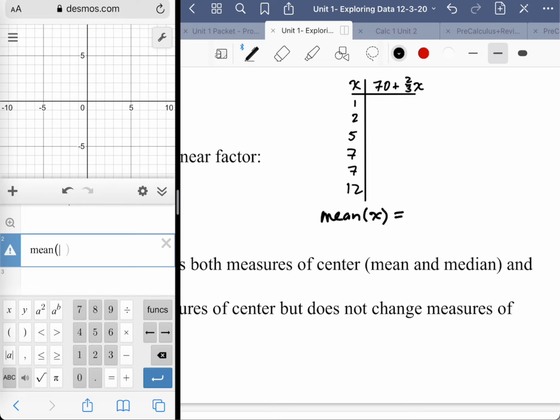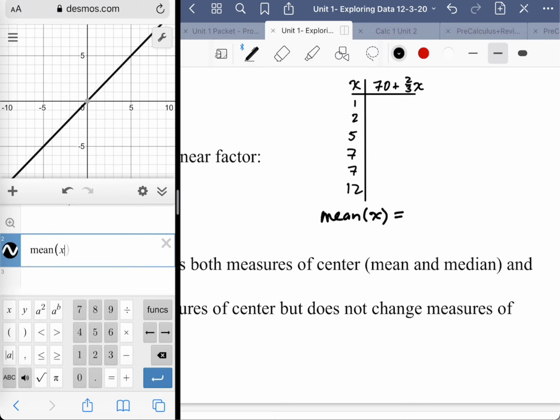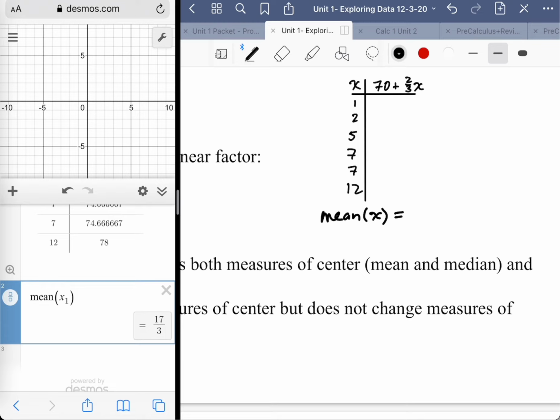It'll know that it's a recognized function. If you start typing MEAN, it doesn't know what you're doing, but once you get the n in there, it locks it in as a recognizable function. Find the mean of x1, and it'll give you the value. I'm going to convert that into a fraction just so I don't have to worry about rounding, so 17/3.